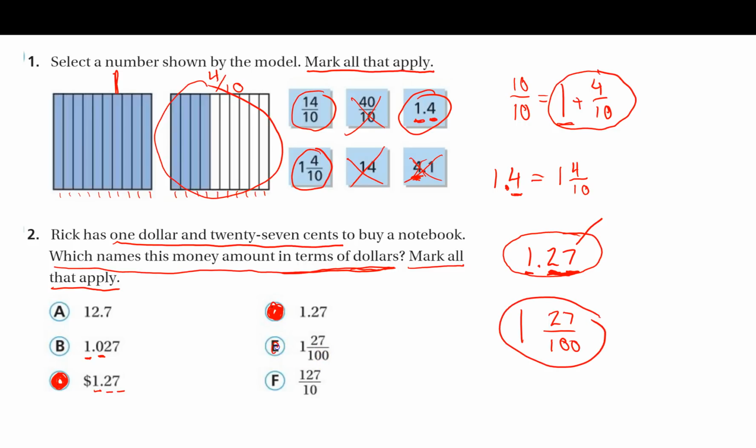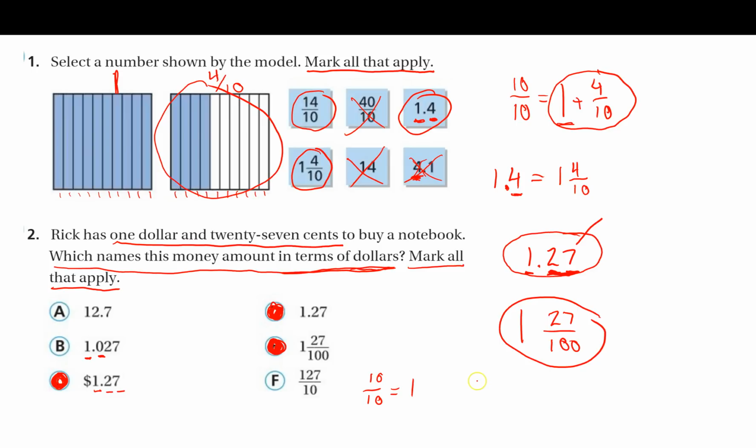And then 127 tenths. Well, I know that 10 tenths is 1 whole. Okay. So if I had 127 tenths, that would mean I'd have 10 tenths, 10 tenths, 10 tenths, 10 tenths, 10 tenths, 10 tenths, 12 times. Or another way you can look at it is, how many tens are in 100?